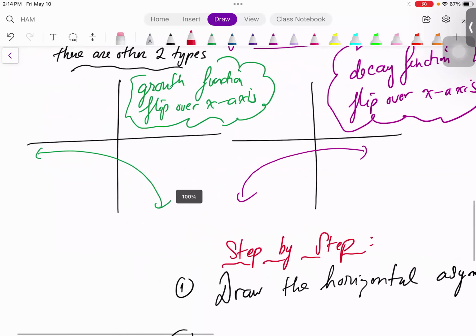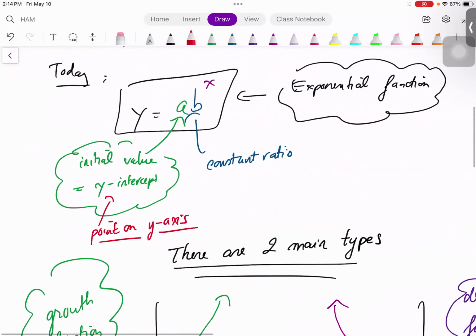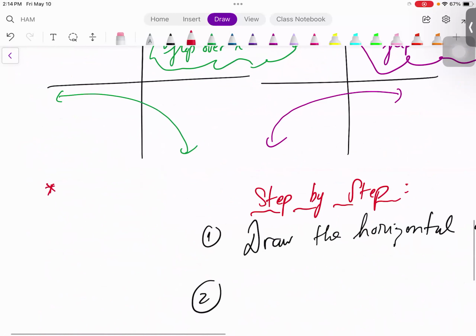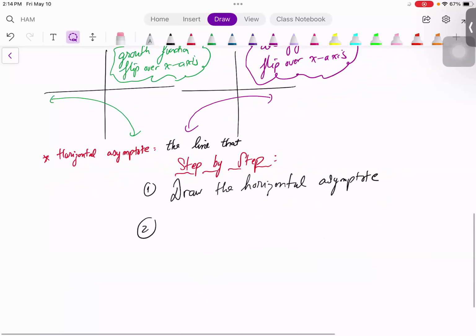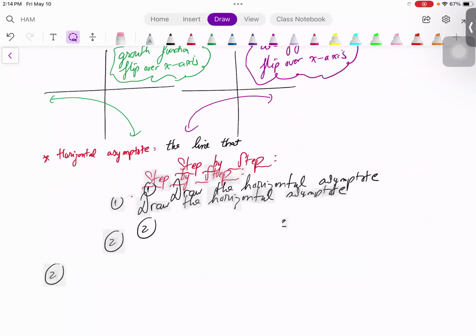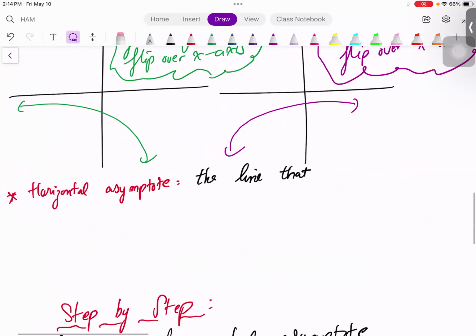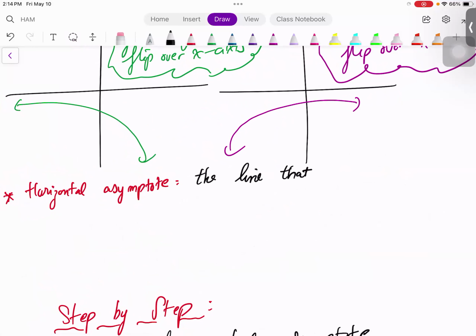Actually, let's write the definition. Horizontal asymptote: it is the line that a graph approaches more and more closely.